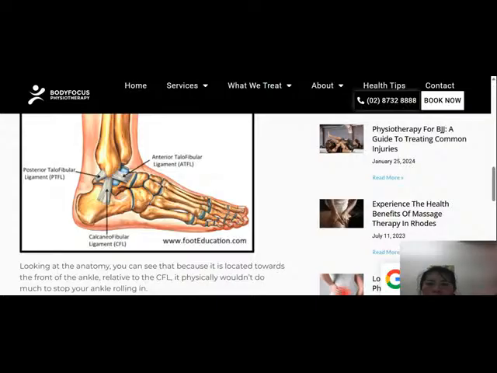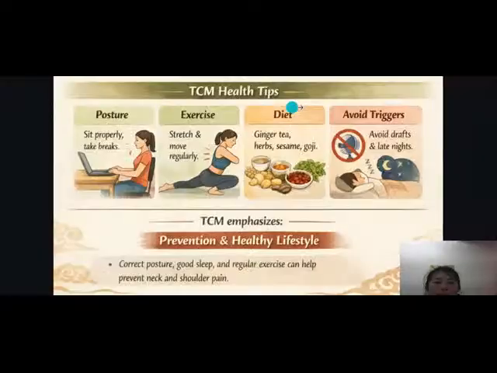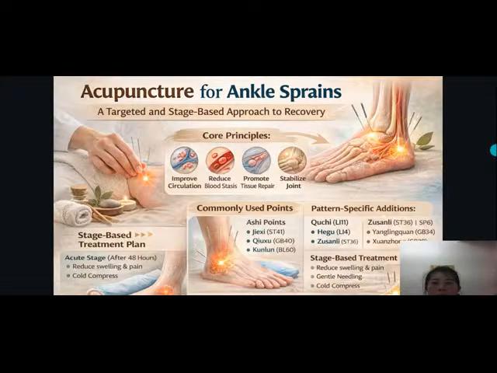Another thing is a little bit of precaution. Within 48 hours of the injury, we will use some cold compress first, and then we can start the acupuncture treatment.